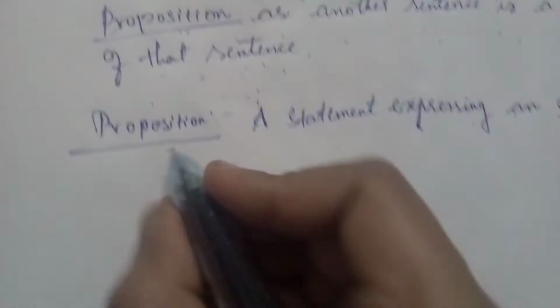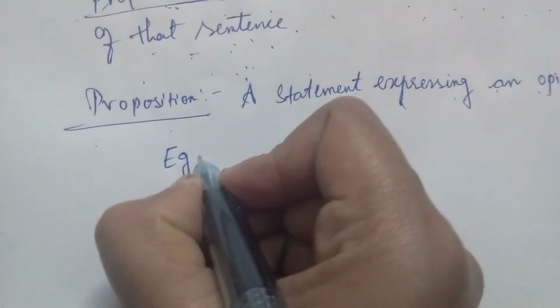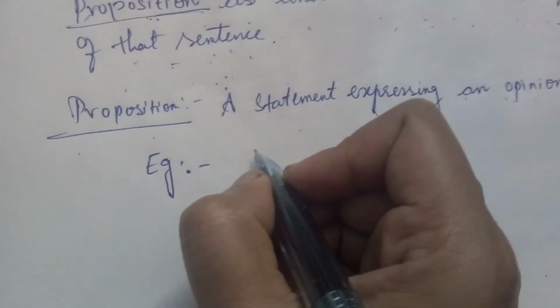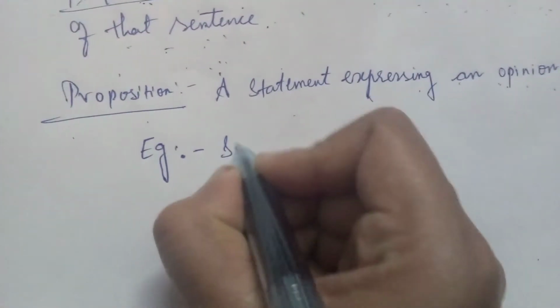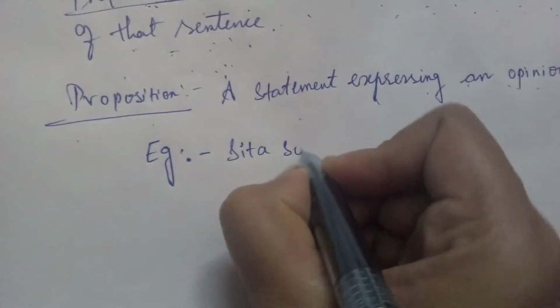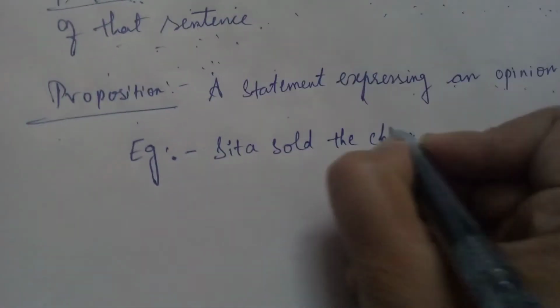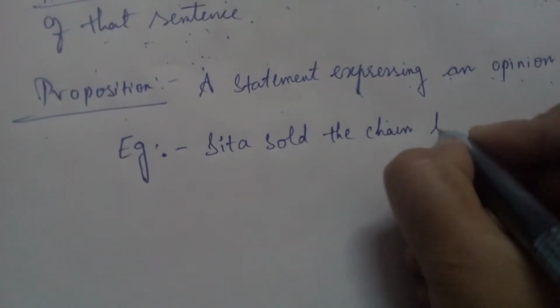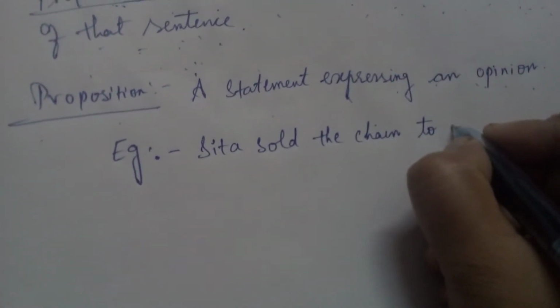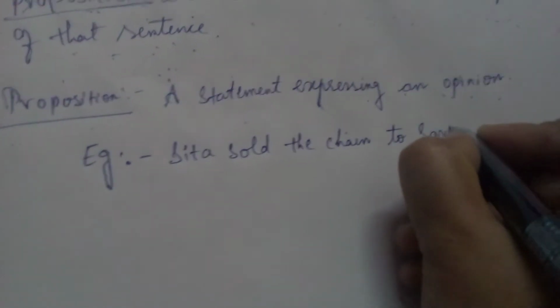For example, Sita sold the chain to Savitri.